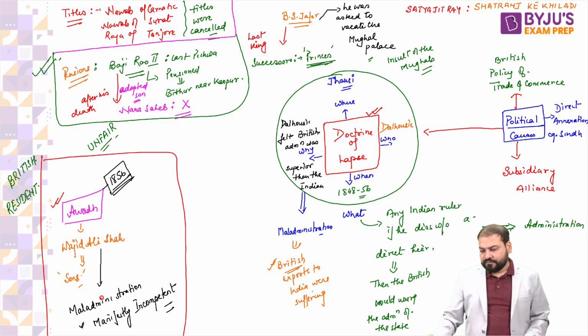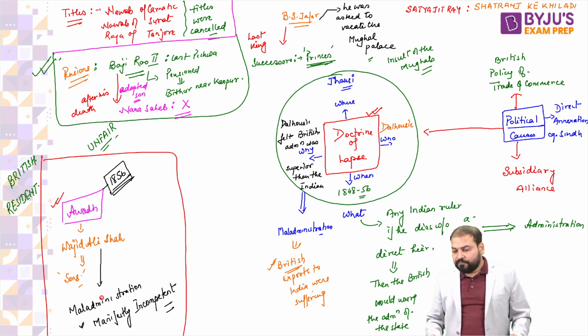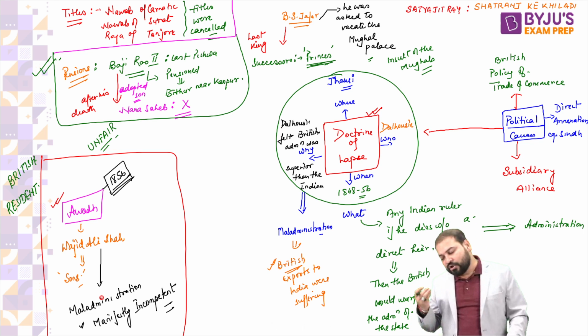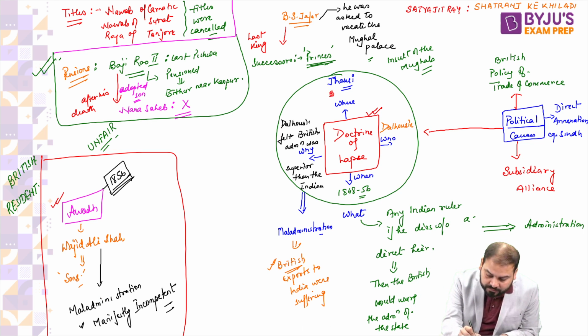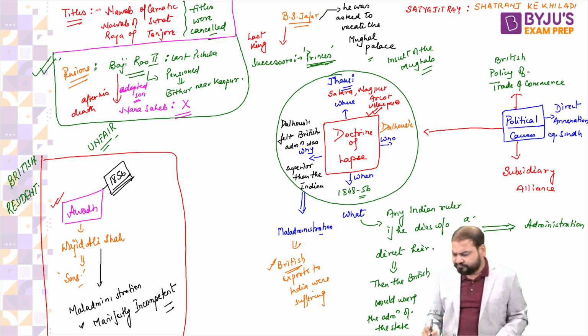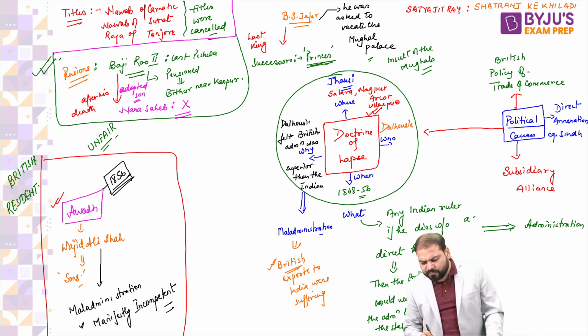Give me 1 second. See, again, please understand, Jhansi is not the only state. There were many states here. Satara was another. Nagpur was there. Arcot was there. Udaipur was there. So many states. Jodhpur is there.